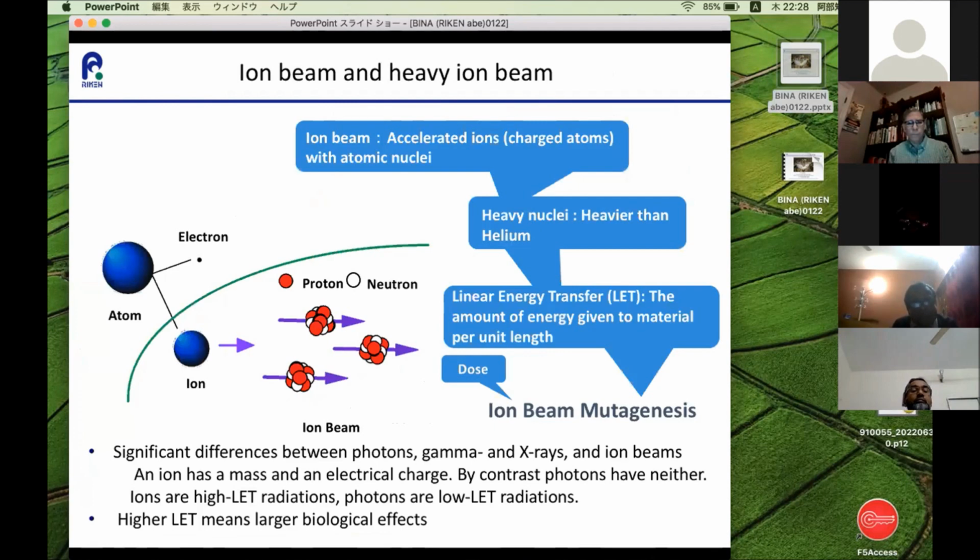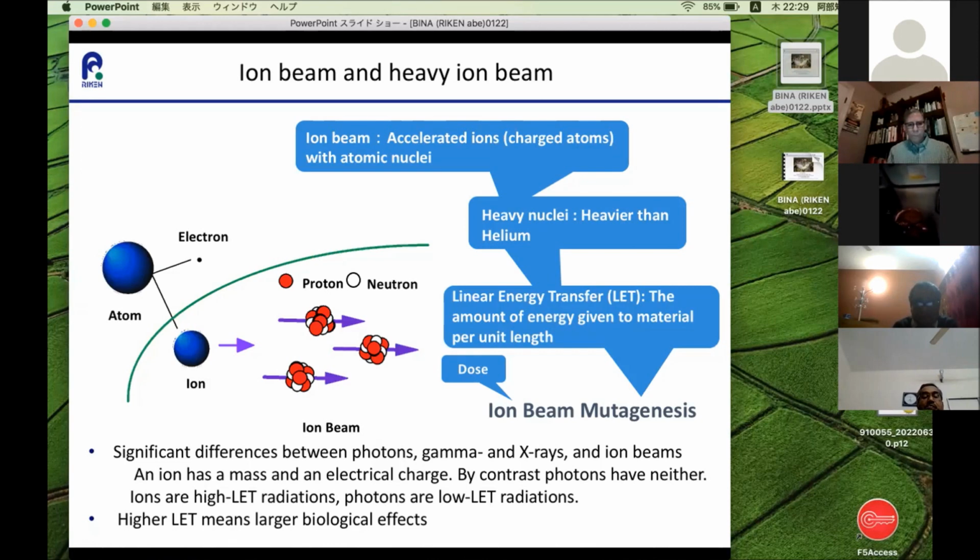Ion beam is accelerated ions with atomic nuclei. Heavy ion beam is accelerated ions with heavy nuclei, heavier than helium. Linear energy transfer, LET, means the amount of energy given to the target per unit length. There is a significant difference between gamma ray and ion beam.